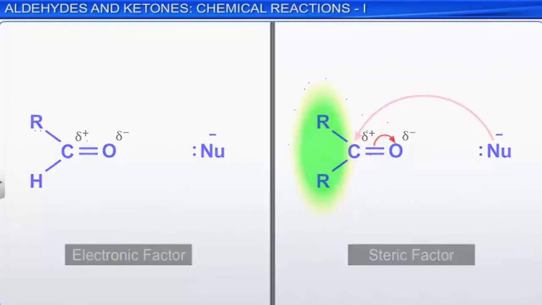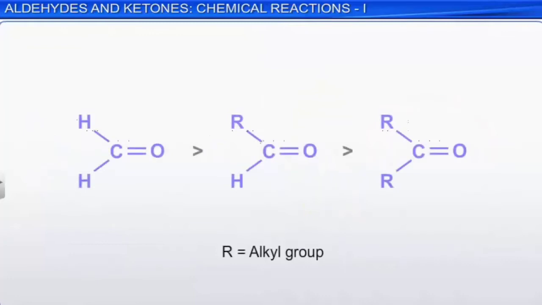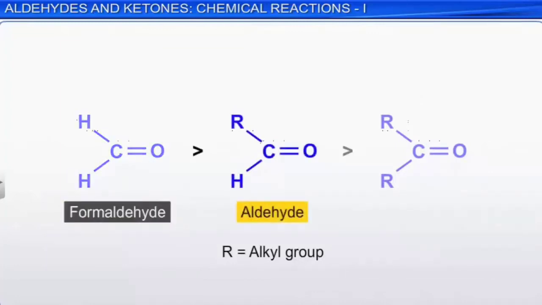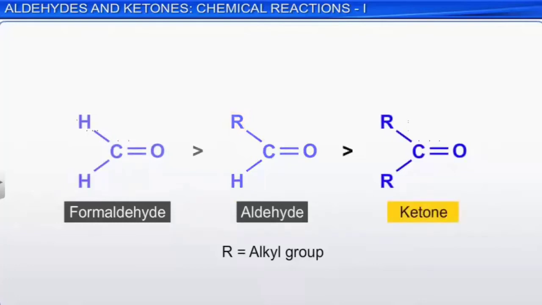Based on these factors, the order of reactivity is: formaldehyde without any alkyl group is more reactive than other aldehydes with one alkyl group, which, in turn, are more reactive than ketones that contain two alkyl groups.